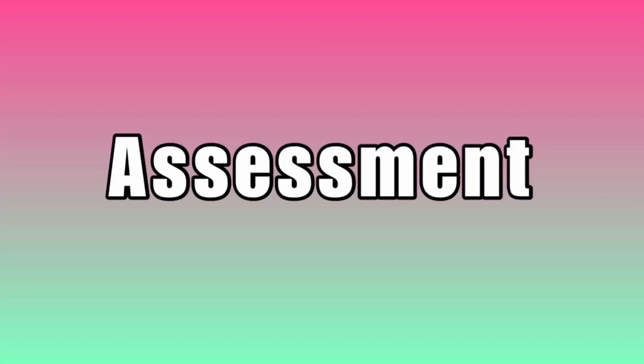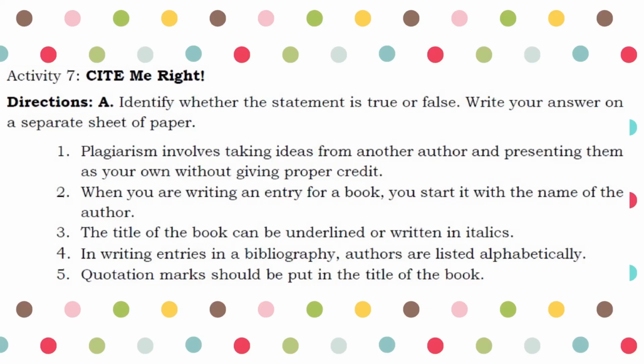Let's answer the assessment. Activity 7. Cite me right. Direction. For letter A, identify whether the statement is true or false. Write your answer on a separate sheet of paper. Number 1. Plagiarism involves taking ideas from another author and presenting them as your own without giving proper credit. Number 2.